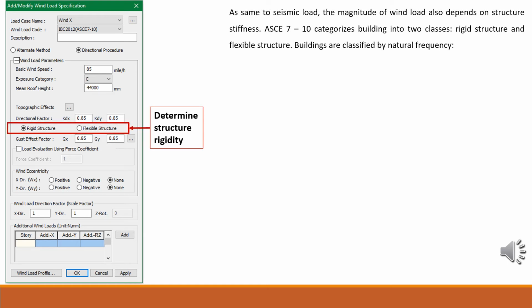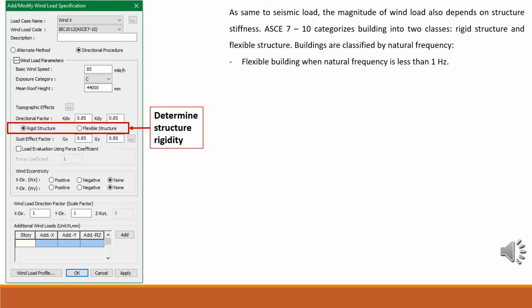As with seismic load, the magnitude of wind load also depends on structure stiffness. ASCE 7-10 categorizes buildings into two classes, rigid structure and flexible structure. Buildings are classified by natural frequency.